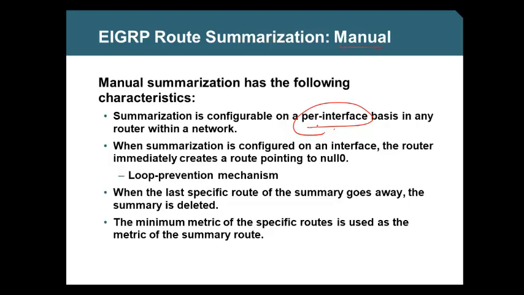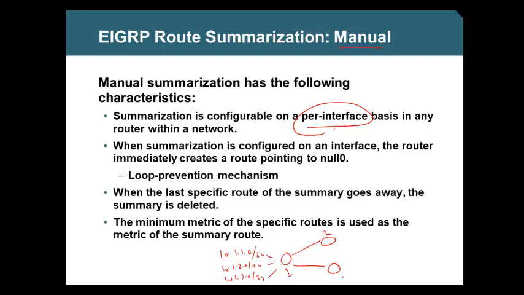For example, I got 10.1.1.0/24, 10.1.2.0/24, 10.1.3.0/24 on this route. I'll call this router 1, and this is 2, and this is 3.